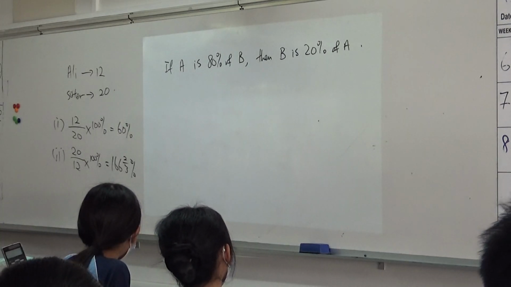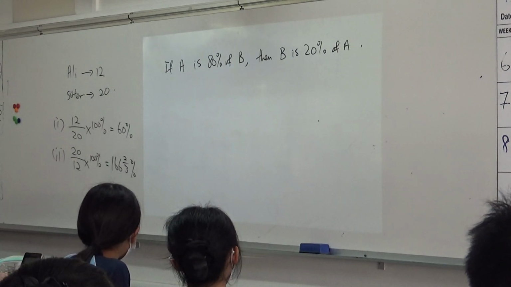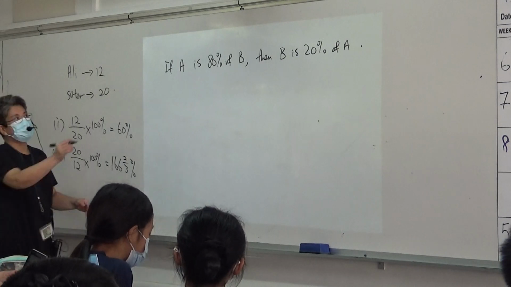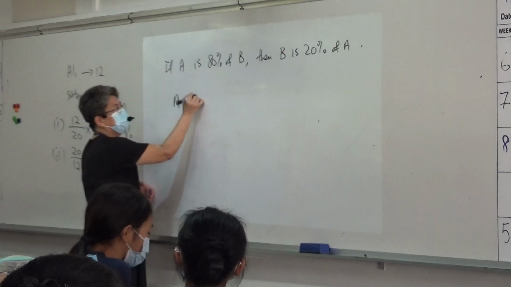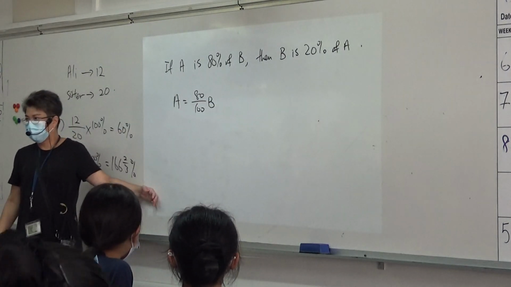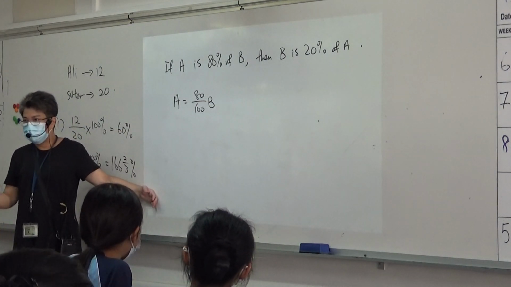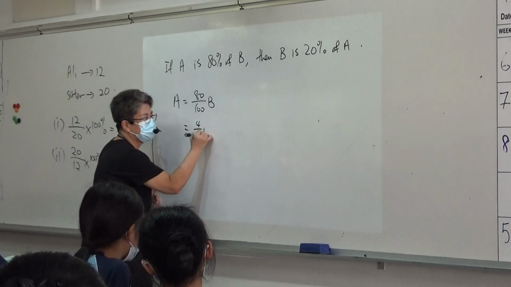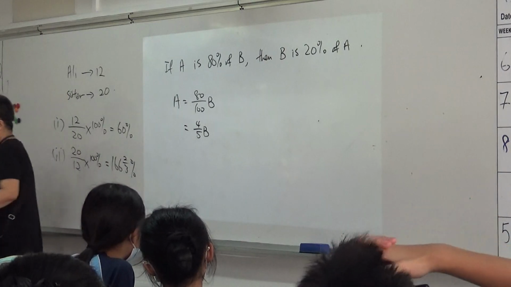Okay, it seems logical, right? It seems logical, but actually it is wrong. Okay, now let me just try this. A is 80% of B, right? Correct. Can you look at me, please? That means this is actually 4/5 of B, right?